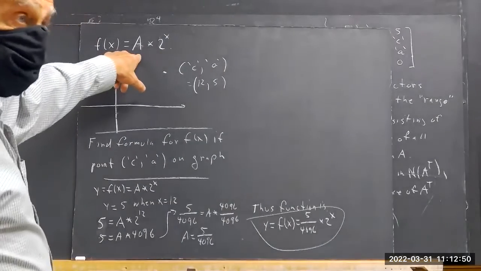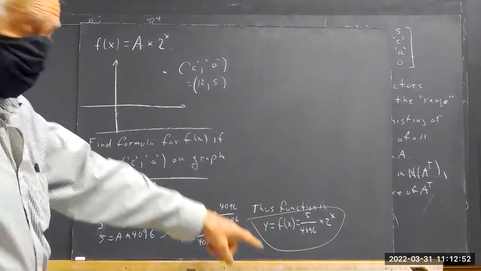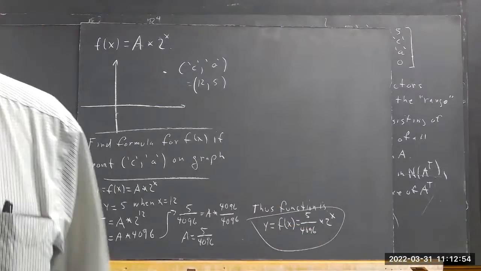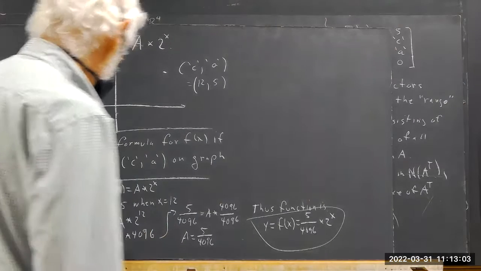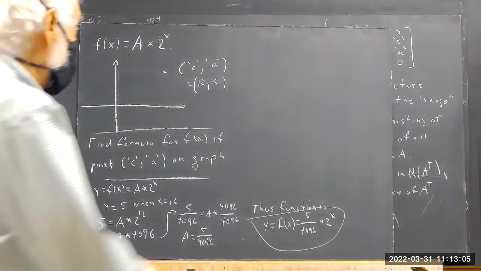That's what our function is. Once we get a, we just write it down. That's very straightforward. I think everybody did that correctly. Not sure about all the algebra, I didn't look at all the algebra, but everybody has the right stuff here.